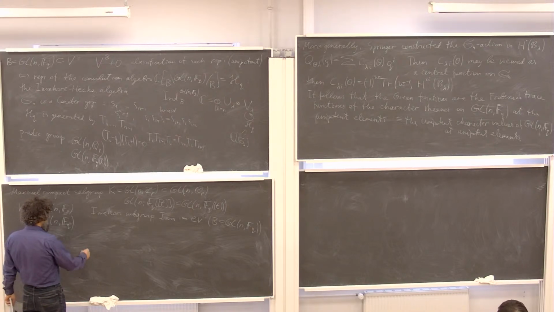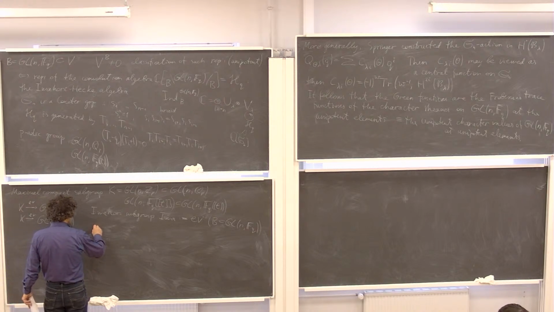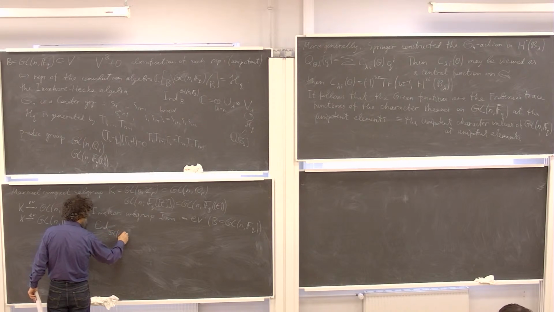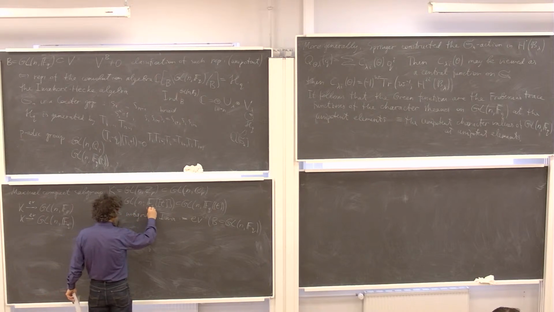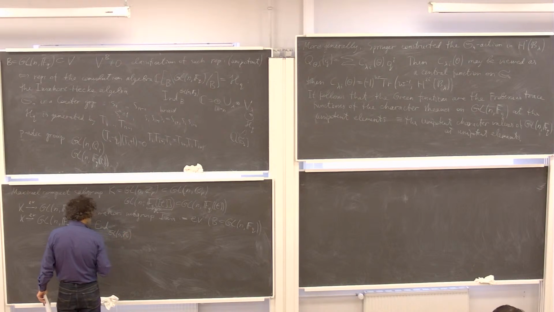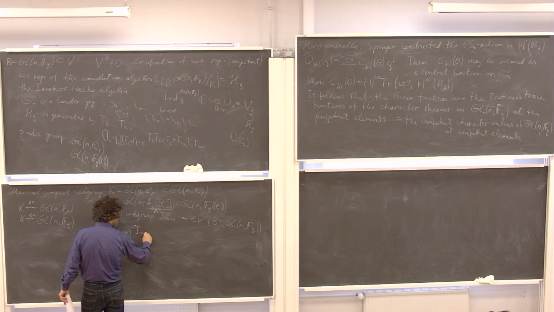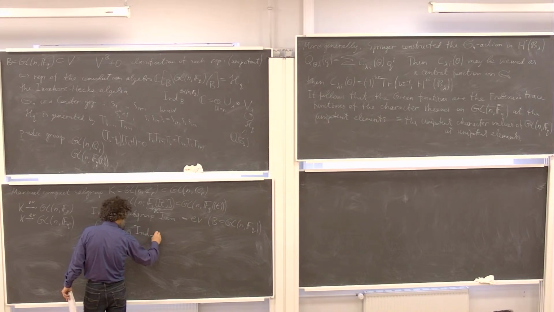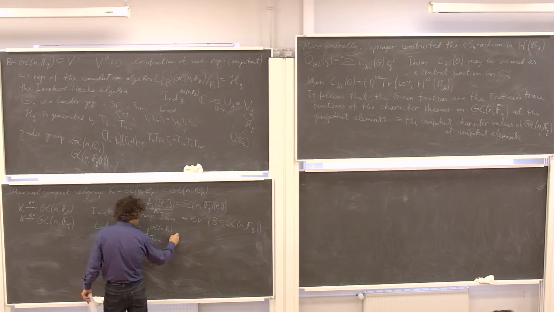And in particular, again, we can consider the endomorphisms, let me call this calligraphic K, of the induced representation from the Iwahori subgroup to GL n of K of the trivial representation.